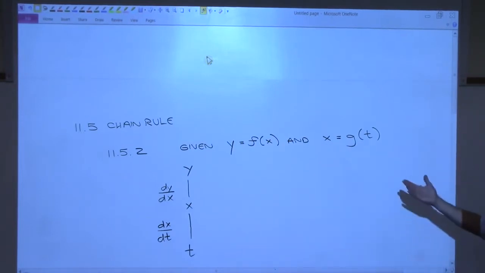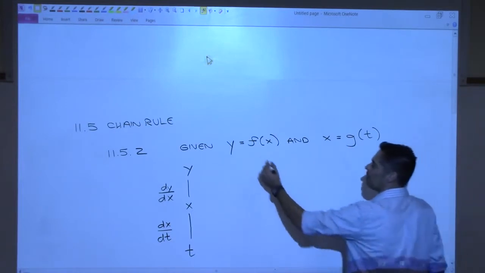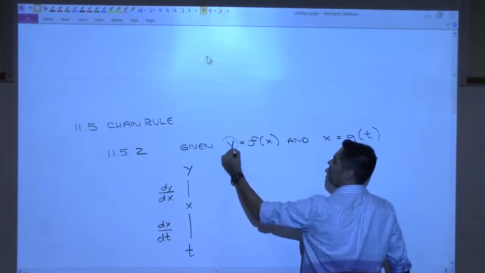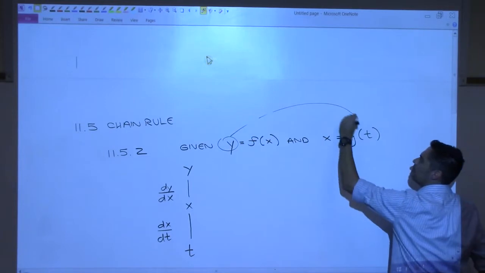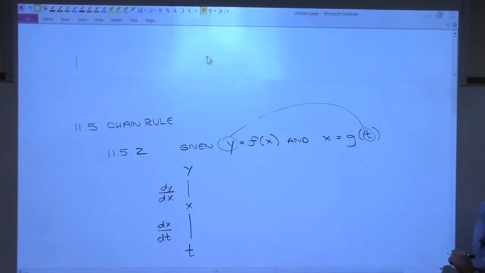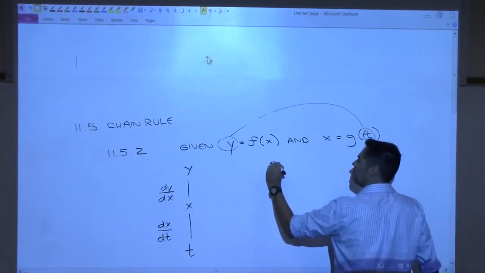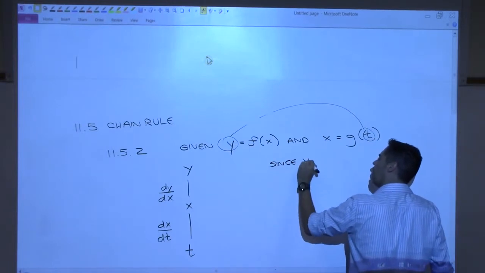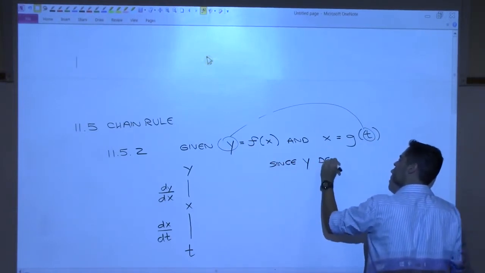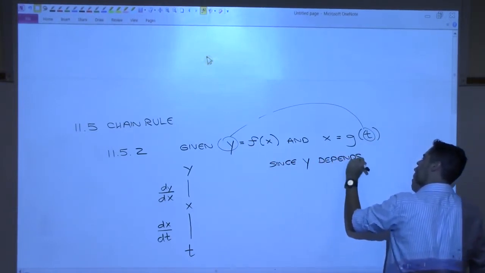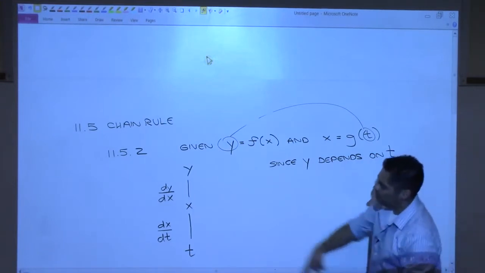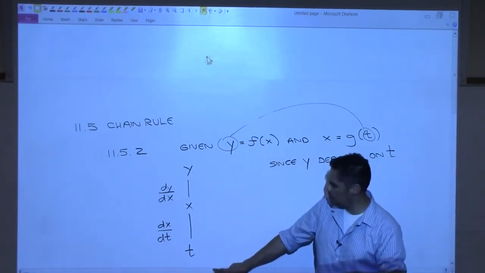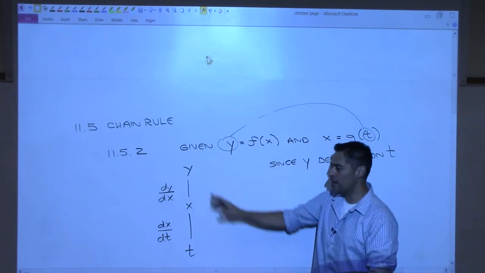And so back in Cal 1, if we were looking right here, y ultimately depends on t, doesn't it? Since y depends on t, which you can see from this diagram also, right? You need t for x, you need x for y.